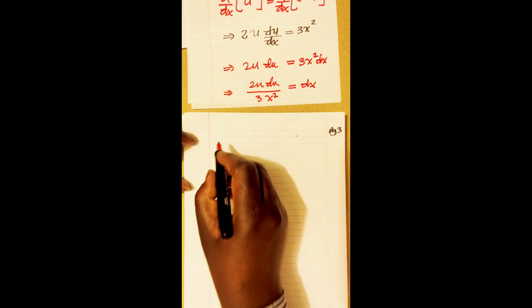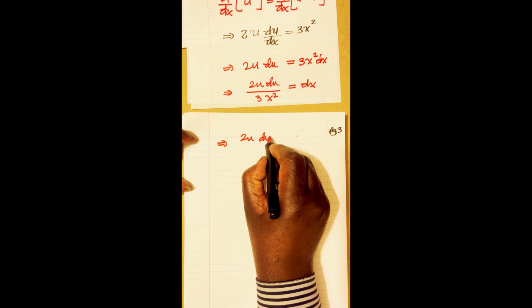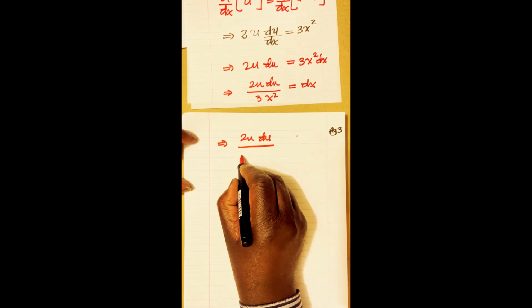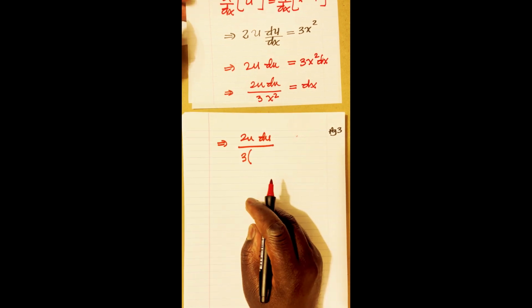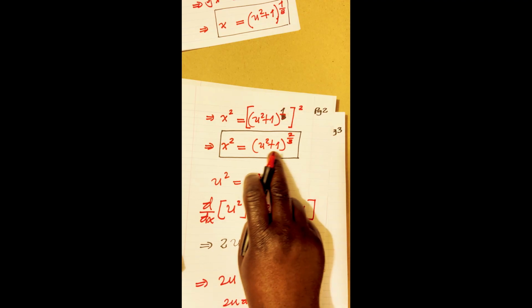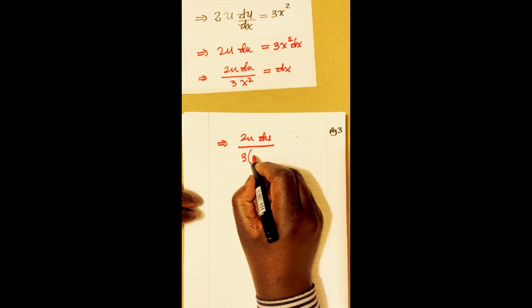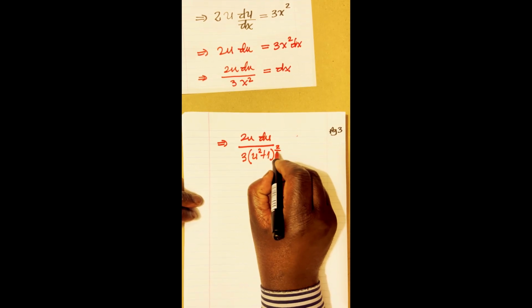So what we have now is 2u du all over, in the denominator, 3 open brackets. In the place of x squared, I have to put this expression here, u squared plus 1 all to the power 2/3.